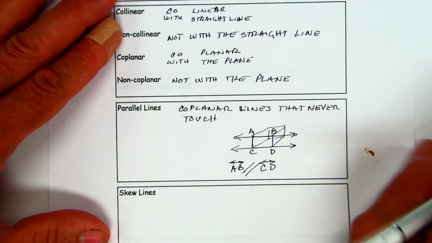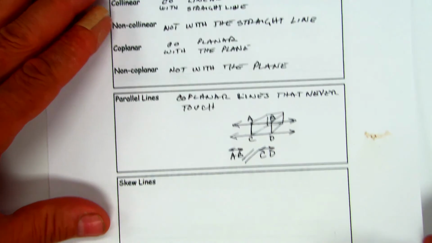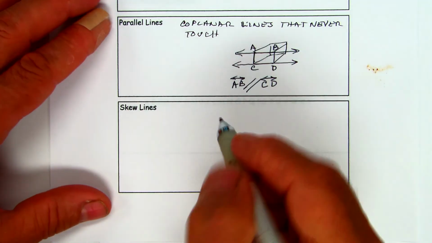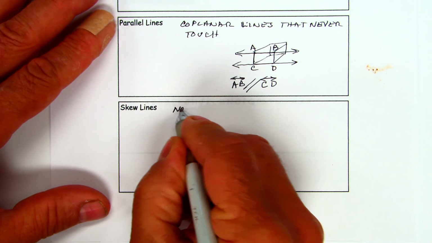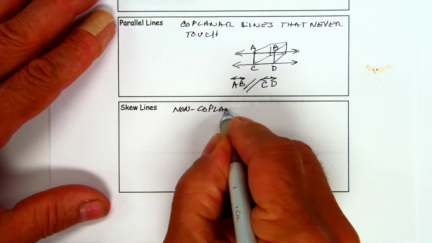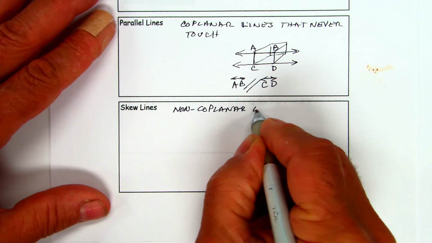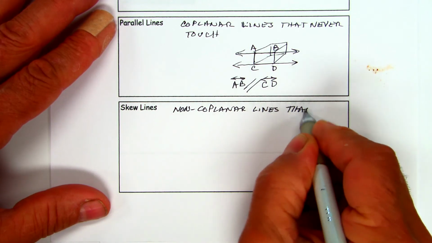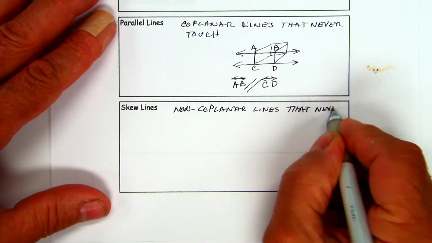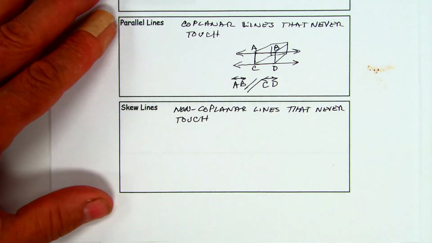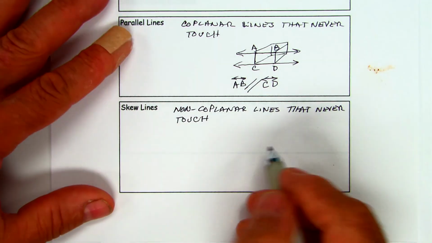Now, if we want to talk about skew lines, skew lines are non-coplanar lines that never touch. Okay, let's see what that would look like.